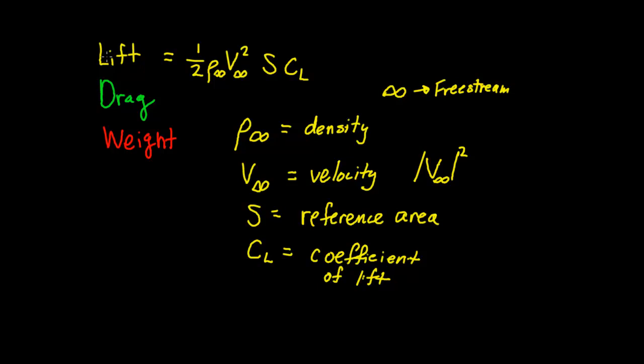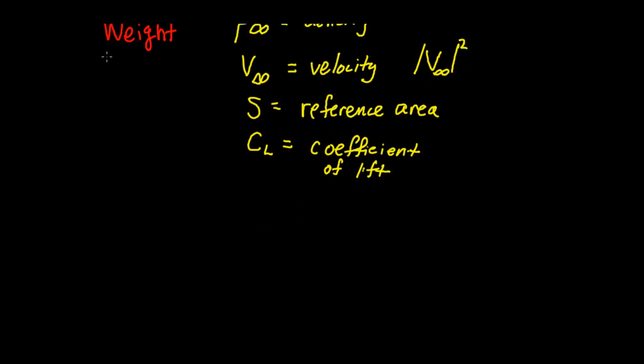And then it's also dependent on how big your object is, how much area it can present to the oncoming air. And then we have this number which characterizes how effective that lifting is, which we call the coefficient of lift. Now, this coefficient of lift actually depends on a few things. For airplanes, for example, this coefficient of lift can be changed.